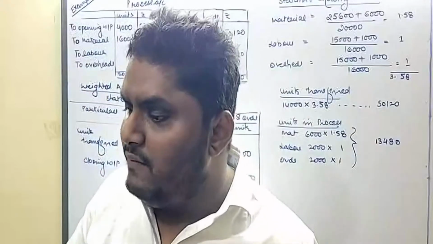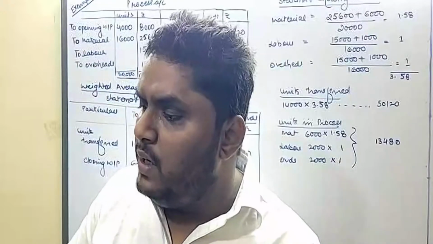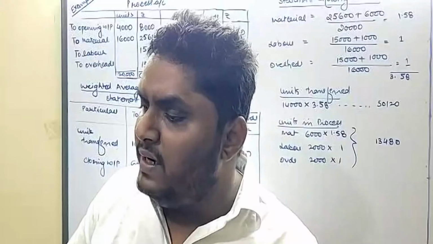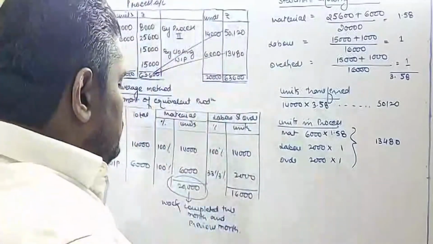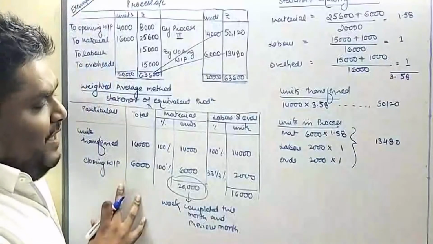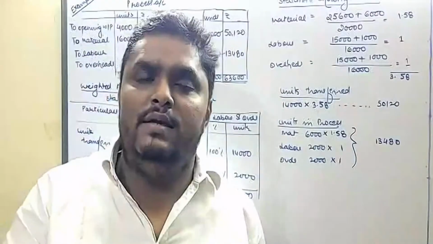Vedant Voras, the values of 6,000 from the statement of equivalent production are the values that have been completed. So how did you calculate work in progress using them? So guys, Vedant, the closing work in progress is 6,000 units.